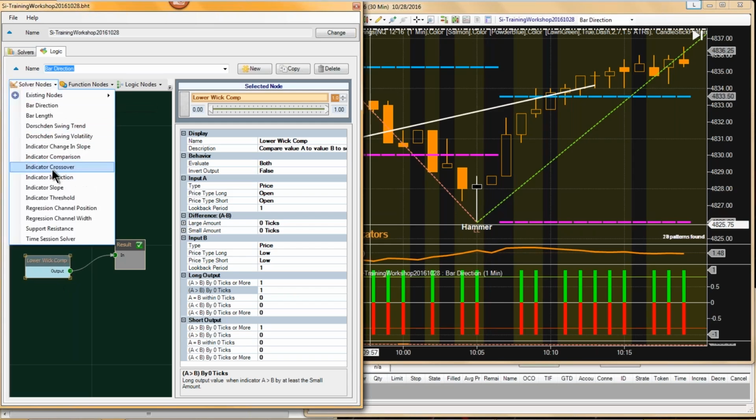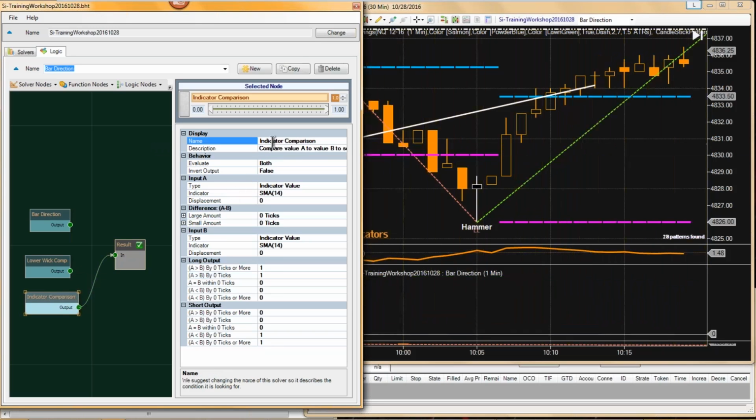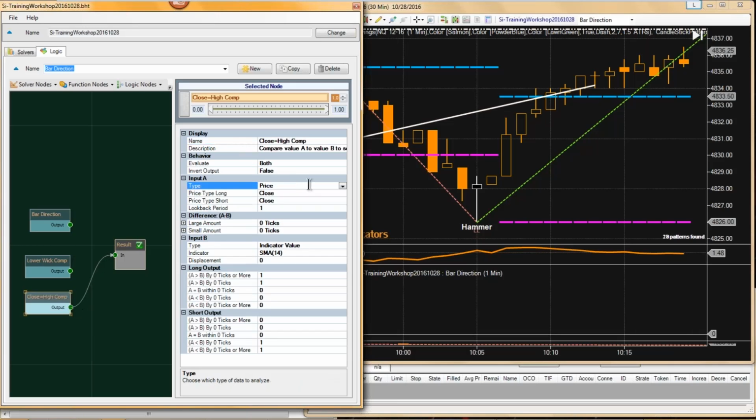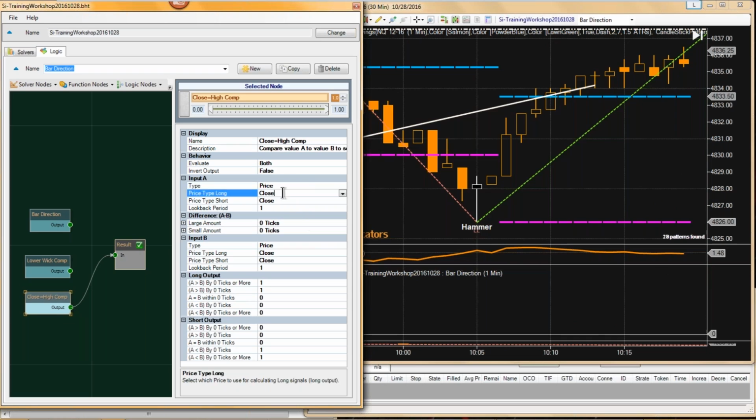Let's grab another comparison solver, and we're going to make sure that the high equals the closing price, or the close of the bar equals the high of the bar as well. So the close equals the high. We'll set both of our inputs to price, so the closing price, and down here we'll put the high.